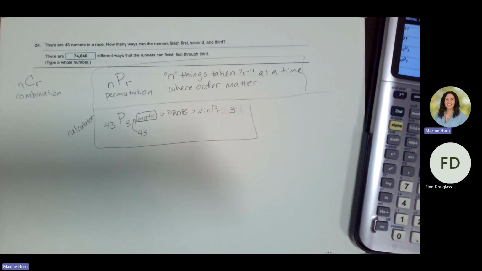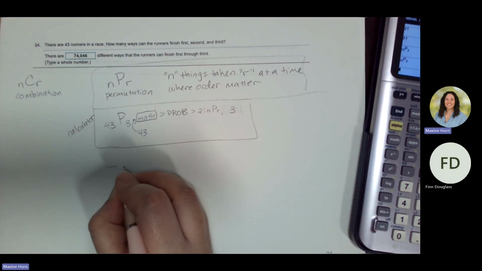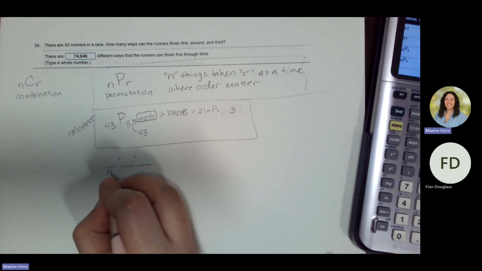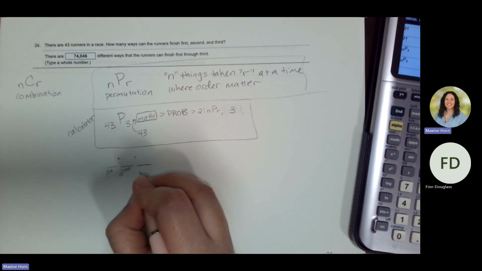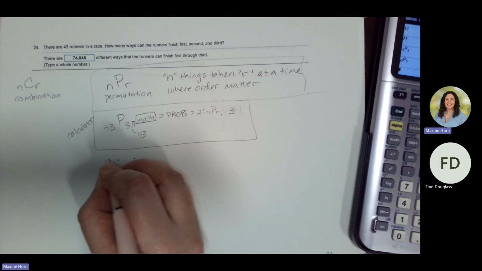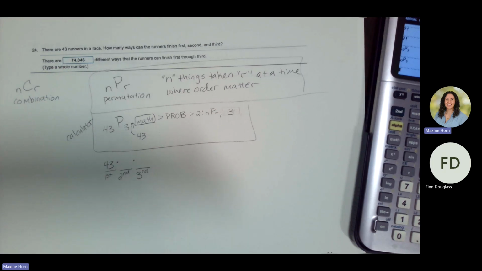All right, but there's another way to do it. We can do it kind of the way that we've done several of these problems, where we say, okay, I'm going to make a blank for each of these three places. This is first place, this is second place, and this is third place. So how many runners are there? There's 43. So that means that for first place, there are 43 options.